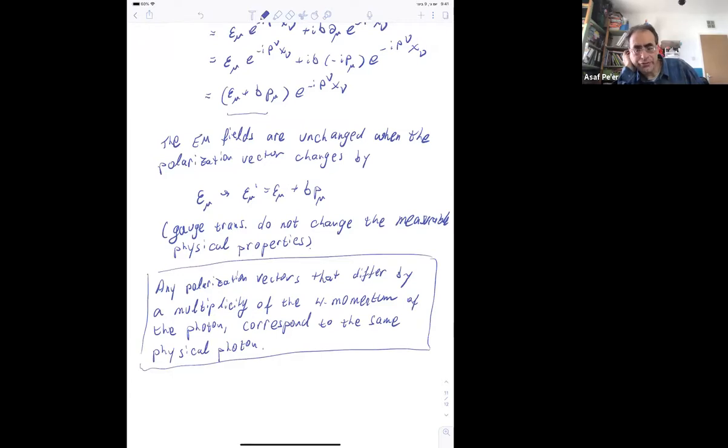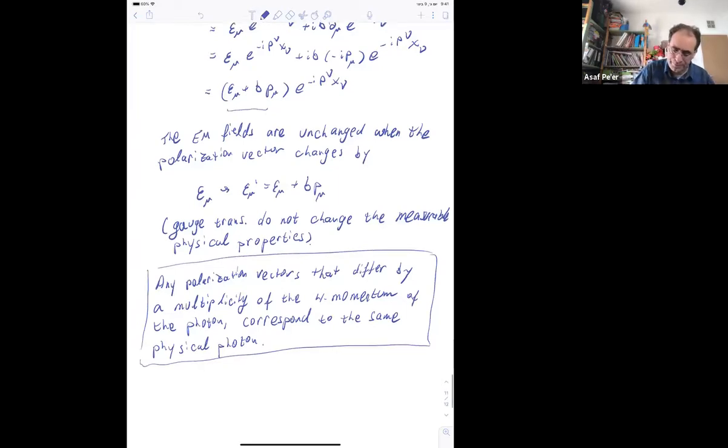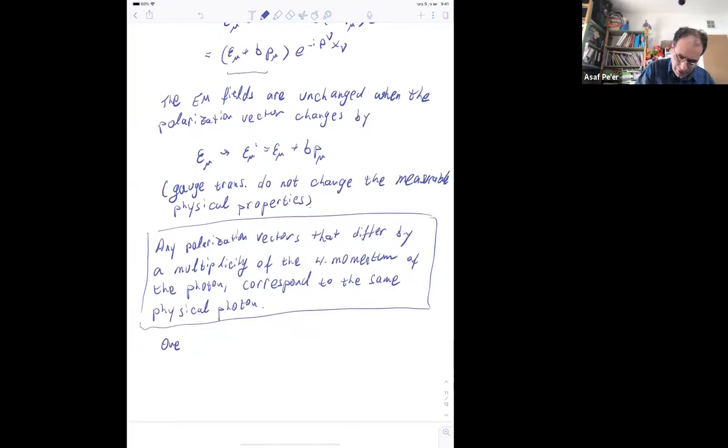So we do have this extra freedom, which still fulfills the Lorentz condition, and one such choice is what's known as the Coulomb gauge, or the transverse gauge.